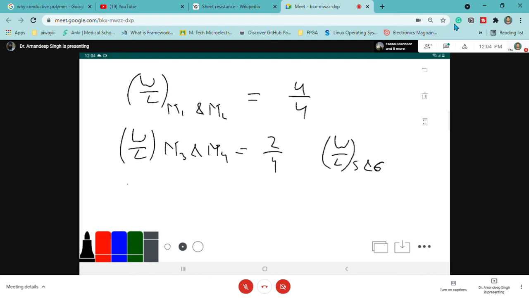It is given that VDD is 2 volt, and V threshold of N is 0.7 volt. V threshold of P is minus 0.7 volt.